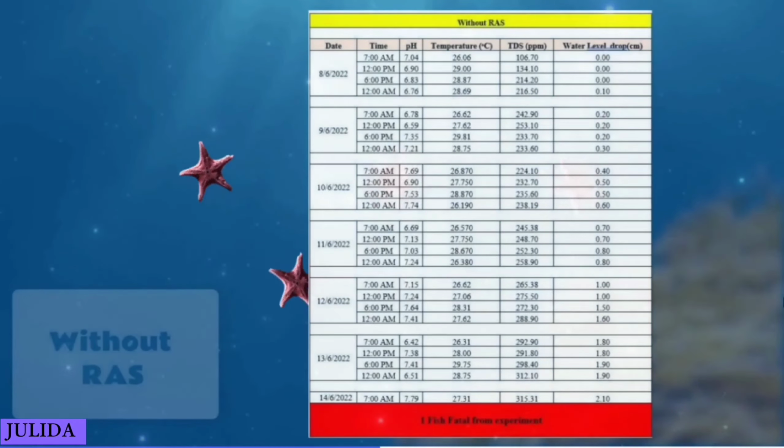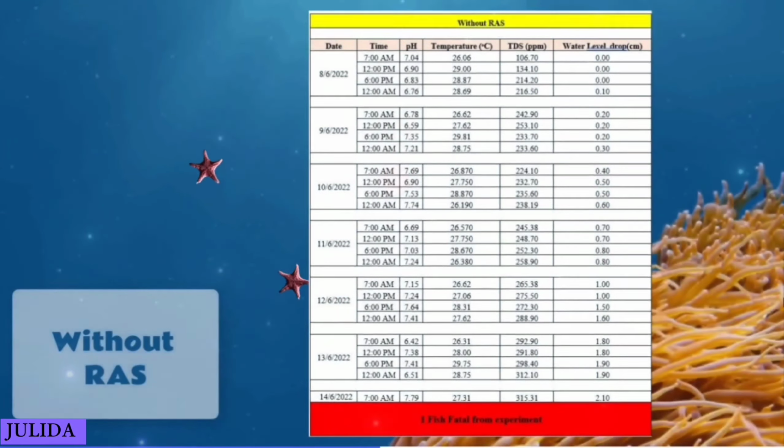Here is the data collection table for the absence of the RASC system. As we can see, during a week, the value of the monitoring sensors significantly increased. And this resulted in the death of one betta fish. The procedure was run the same as the first experiment, but using water spinach as the hydroponic plant.